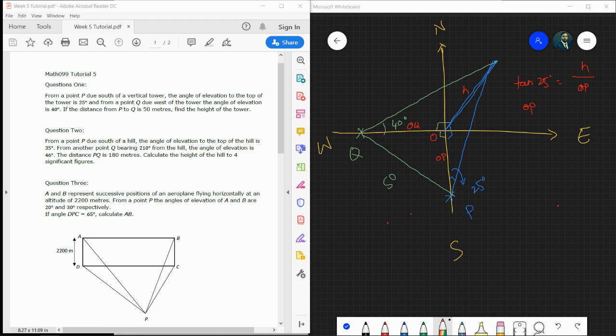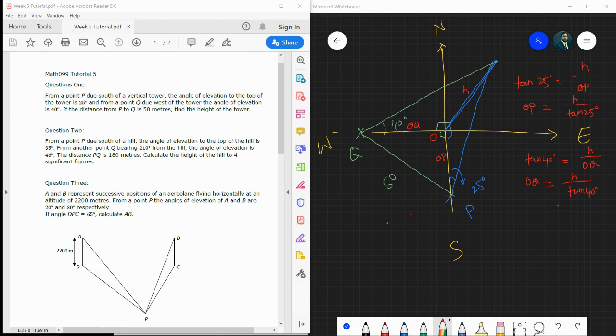So OP is height over tan 25. Similarly, tan 40 equals opposite, which is height, over adjacent, which is OQ. So OQ is height over tan 40.